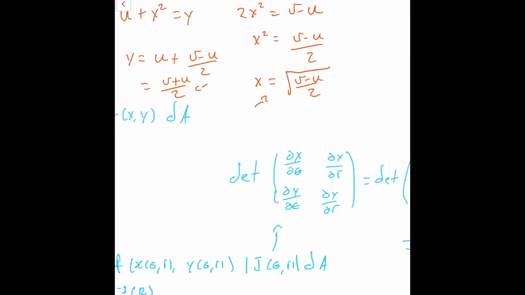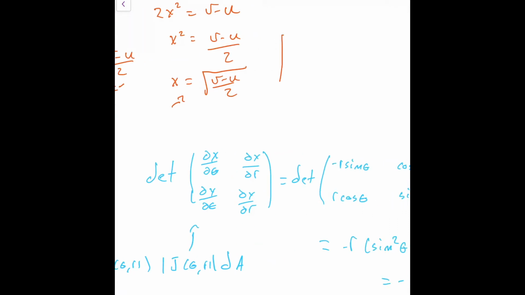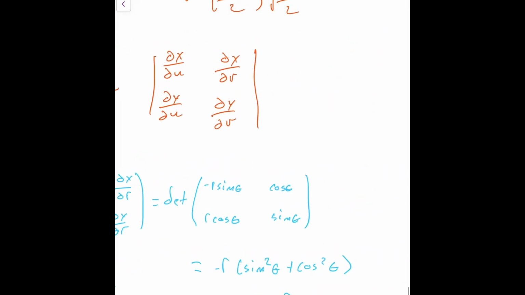The derivative in y isn't so difficult, but it's just going to be aggravating trying to take the u and v derivatives of x. Because typically what we would need is the partial derivative of x with respect to u, the partial derivative of x with respect to v, the partial derivative of y with respect to u, and the partial derivative of y with respect to v.